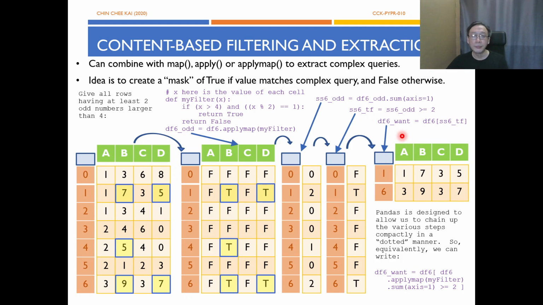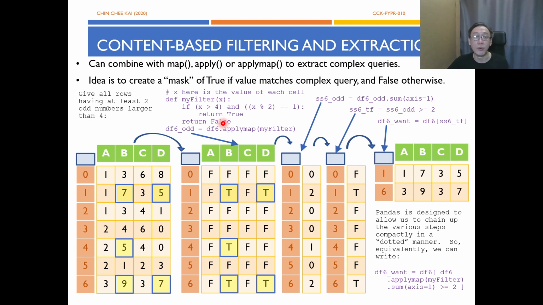Okay. Now you might recall that we can do map for series, apply for columns or row vectors, and applymap for each and every element in the data frame, right? We just talked about it in the previous video sequence. Now we can certainly apply lambda functions that return either true or false, or else have a named function that, after performing complicated checks, can even be querying a certain dictionary and database, and then finally decide it is true or decide that it is false.